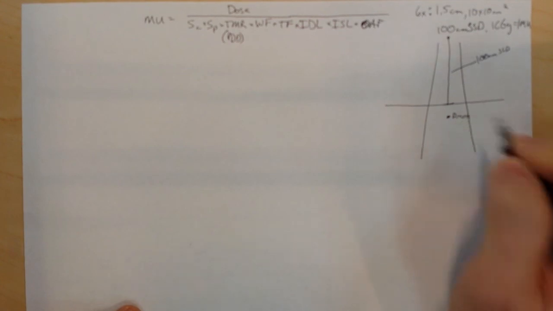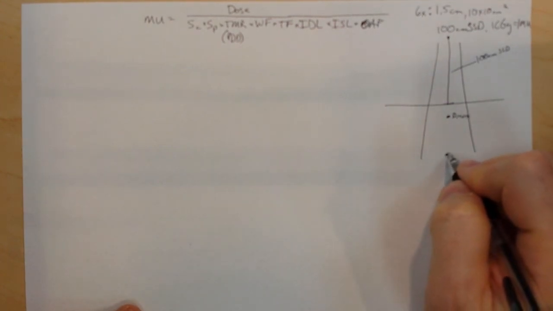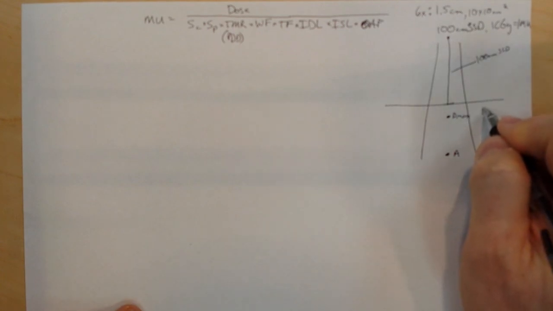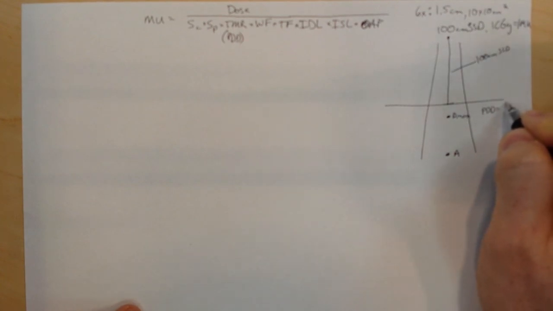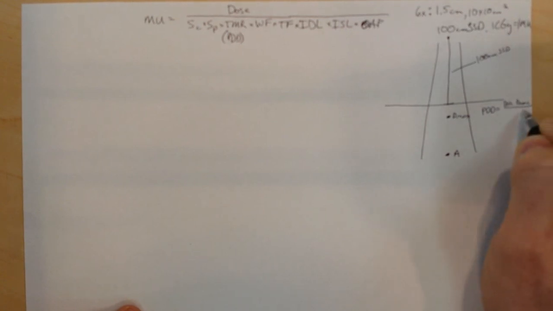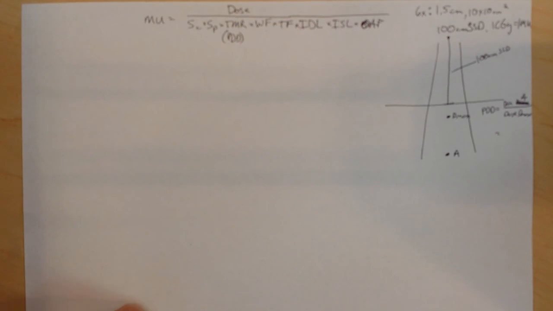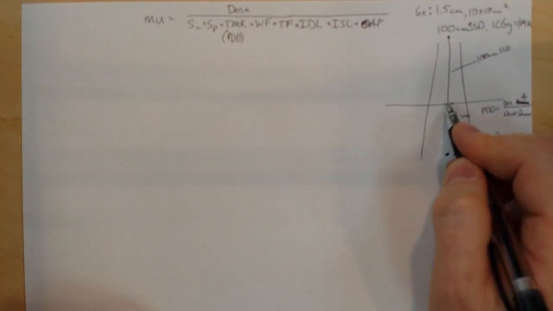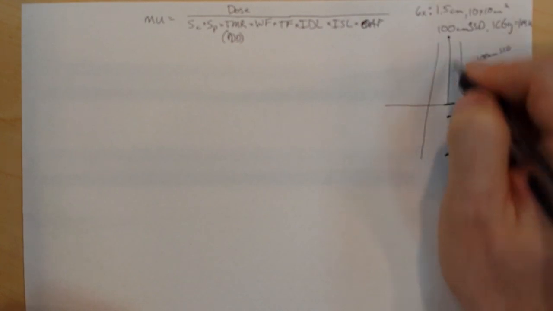I have a Dmax point, and then I have some other reference point down here that we'll just call point A. Recall that percent depth dose is the dose at A divided by the dose at Dmax. Okay, and this gives us a ratio. So it's the percentage at depth relative to Dmax for a 100 centimeter SSD.